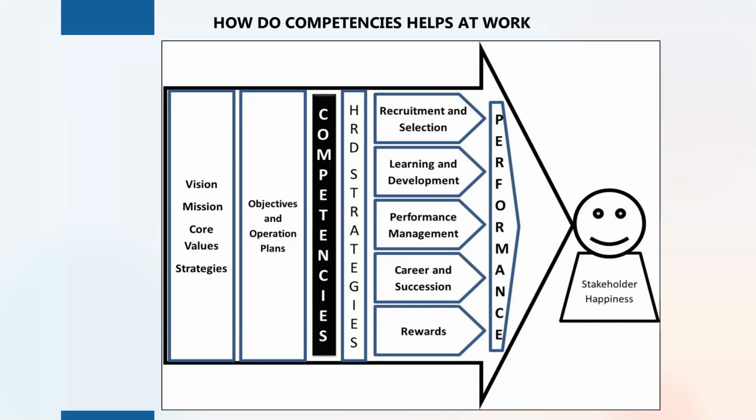So in a way, what we are doing through competency mapping, competencies are helping us to recruit better, to select better, to train and develop in the right gap analysis for the right thing, to assess their performance better, to reward better, to do the career and succession planning in a better way, and to appreciate, promote, and reward employees in a better manner.